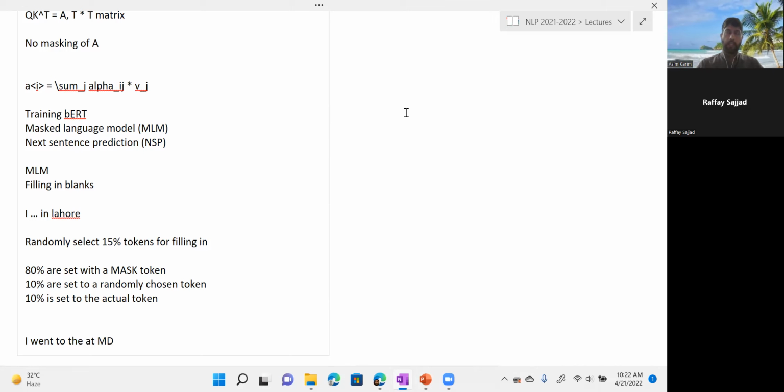That is the 10% of the case. And in the other 10% of the case, we leave it as eat. Okay? So any given word with any given blank would either be masked, or it would be some other random word, which is of course incorrect, or it could be the actual word itself. In other words, you can say that we had not masked that word. Okay?